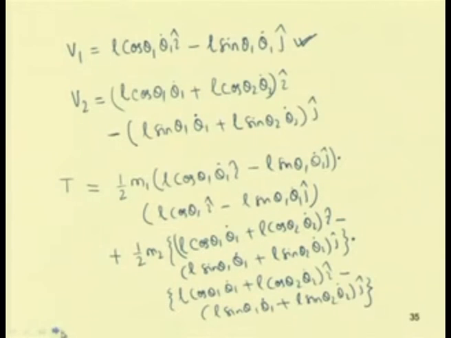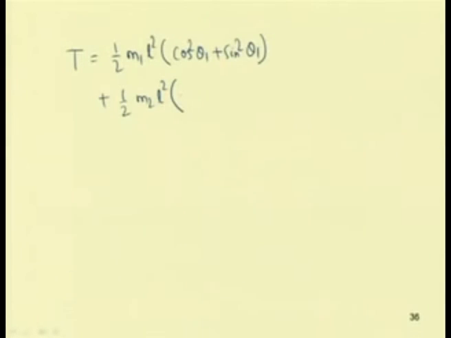So this becomes m2 L squared times cos squared theta 1 dot squared plus cos squared theta 2 dot squared plus 2 cos theta 1 cos theta 2 theta 1 dot theta 2 dot.